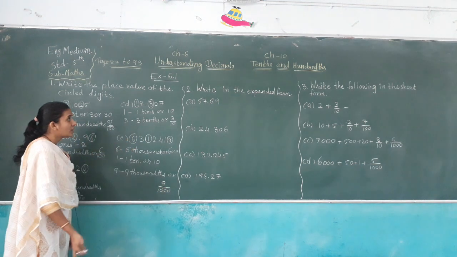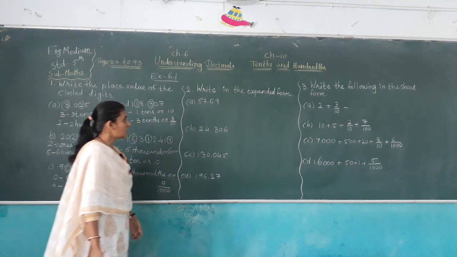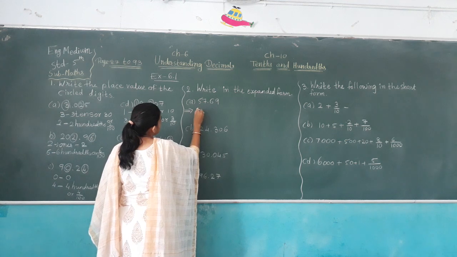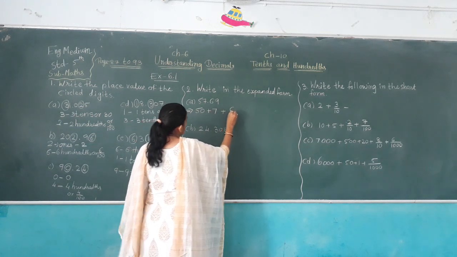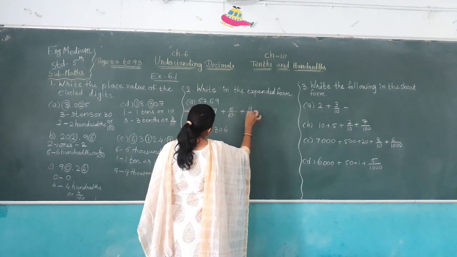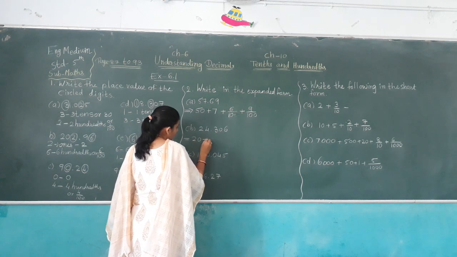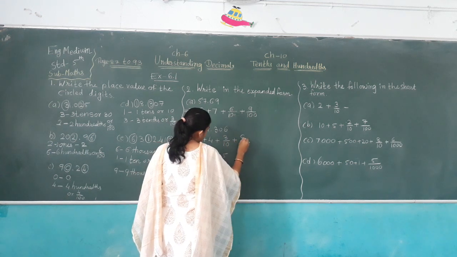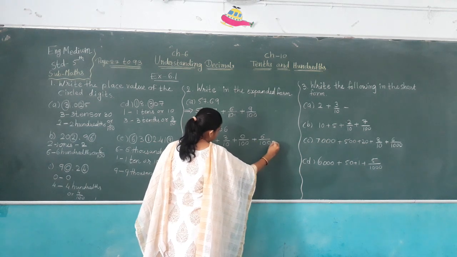or 9 out of 1,000. Now question number 2: write in the expanded form. So here 5 stands on the tens place, so 50 plus 7 plus 6 out of 10 plus 9 out of 100. Then another one: 20 plus 4 plus 3 out of 10 plus 0 out of 100 plus 6 out of 1000.